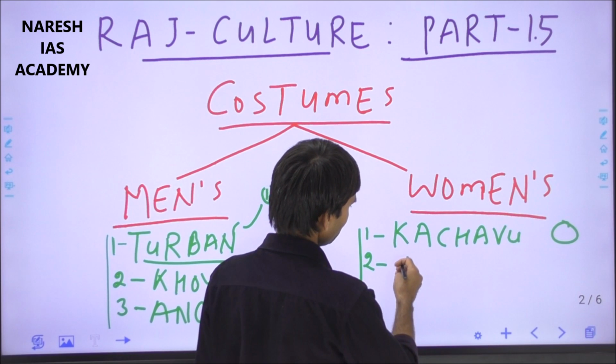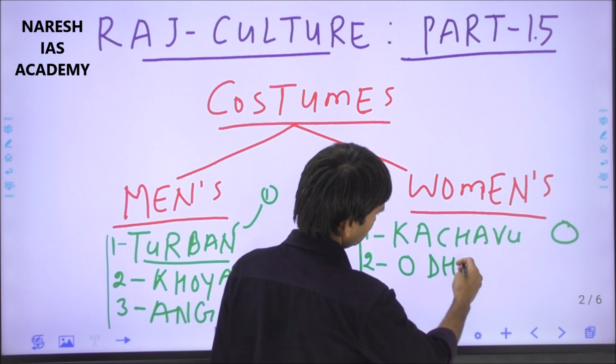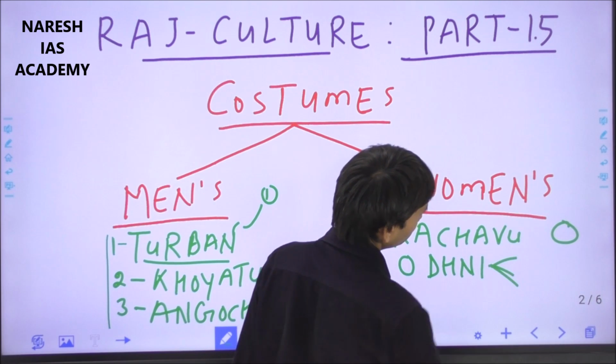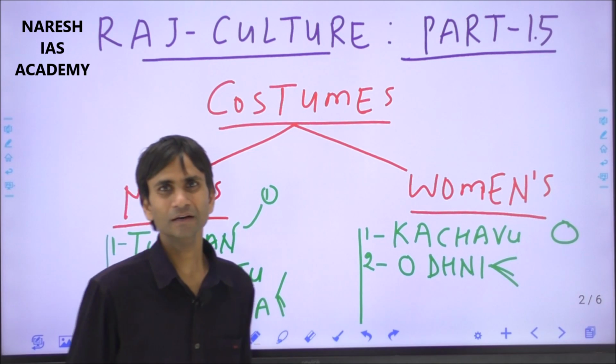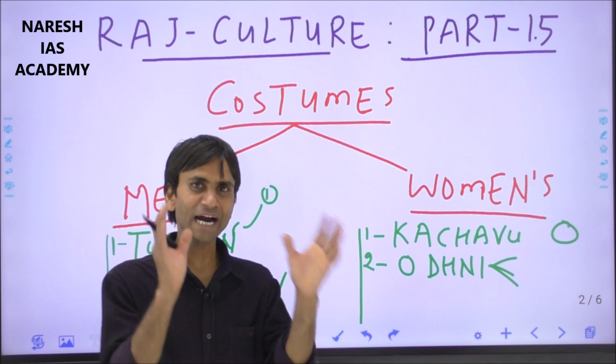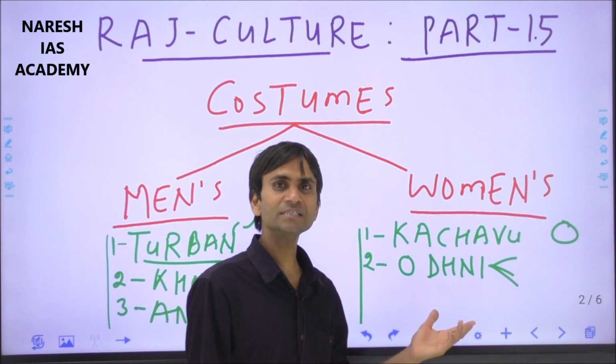And the next is odhni, very important. Odhni is also called the lugdi and sometimes it is compared with the sari. So different kinds of odhni are preferred by the women.